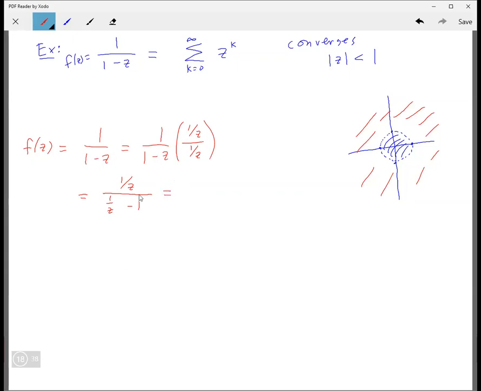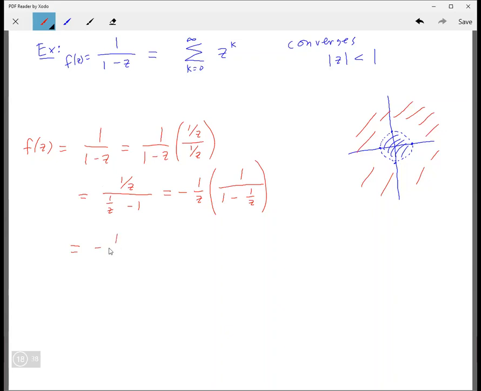Now I'm going to factor out a negative 1 over z, and that leaves me with 1 over 1 minus 1 over z. I factored a negative out of the denominator also. So this negative came from the denominator, and I flipped the order of these. So it's 1 minus 1 over z now, instead of 1 over z minus 1.